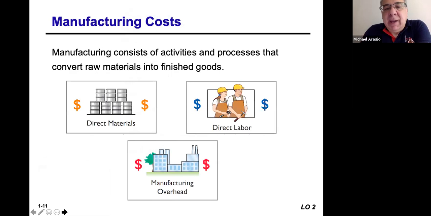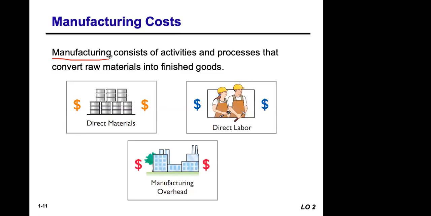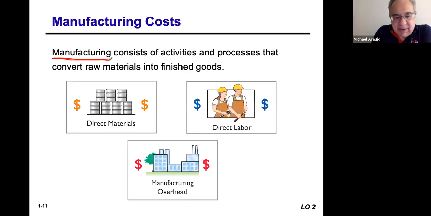So here's how it works in manufacturing, okay? Anything that's created in a business is a manufacturing business. So any activity and any process that can convert a raw material, say like wheat, into a finished good, say like a loaf of bread, or a raw material like iron and make a finished good like an automobile, right?